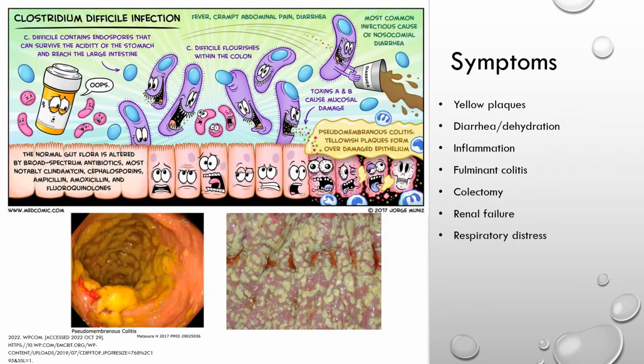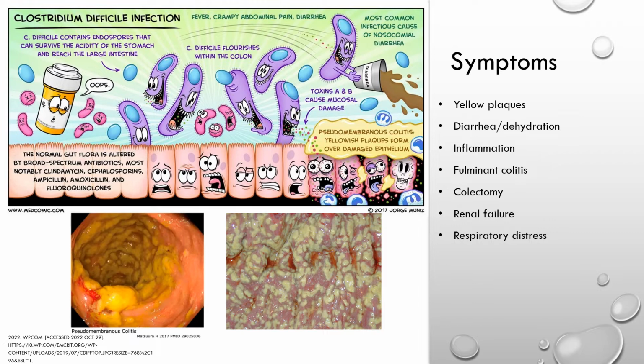So, symptoms of C. diff infection, with it being an enteric infection, some outward symptoms can include diarrhea and dehydration. Otherwise, a lot of symptoms include inflammation, and if you actually look inside the gut of an infected individual, you'll see, like in the pictures on the bottom there, nasty yellow plaques forming.